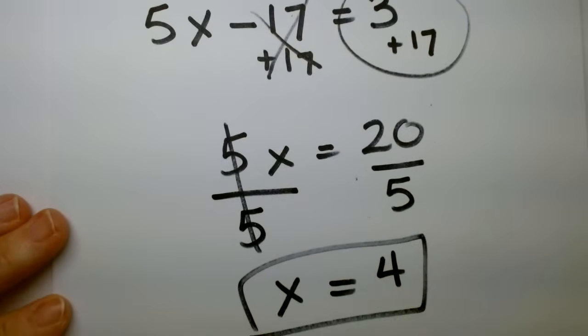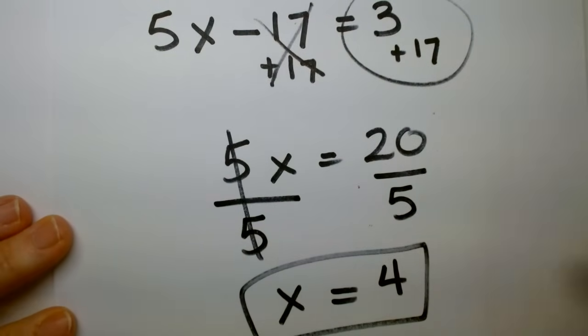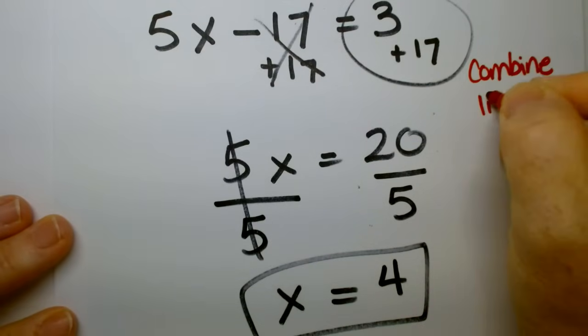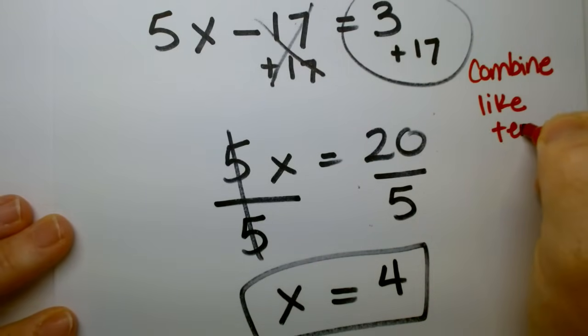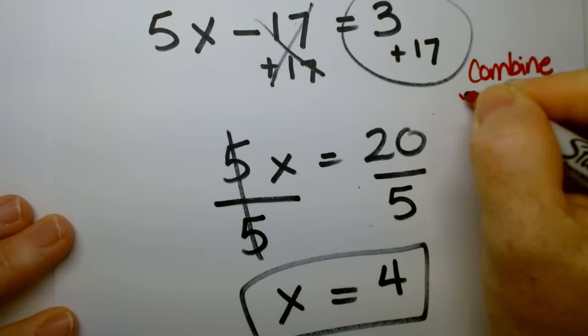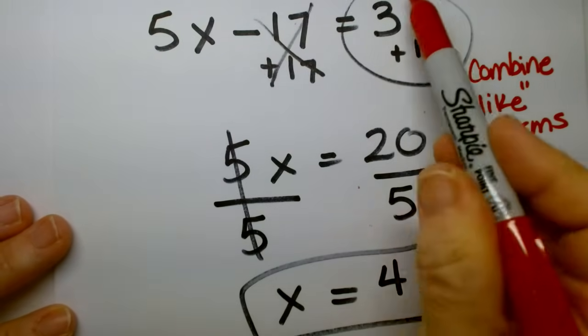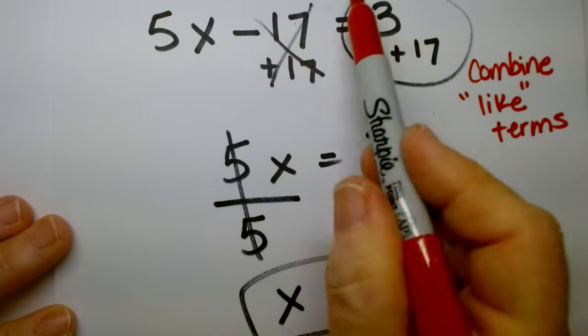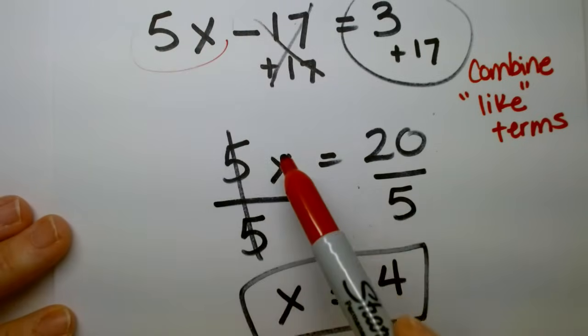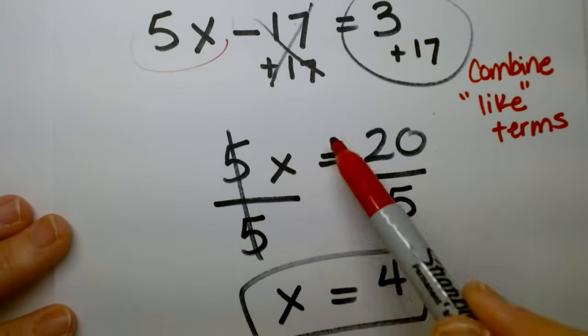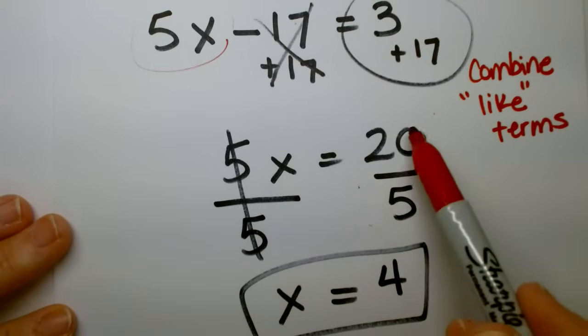Okay, so what did I do there? The first thing is I'm going to combine like terms. Again, like is just a name for similar terms. Similar means these don't have an exponent, or these don't have an x, and this one does. The ones that have an x associated with it, you want by itself on one side of the equation, and all the ones with no x on the other side.